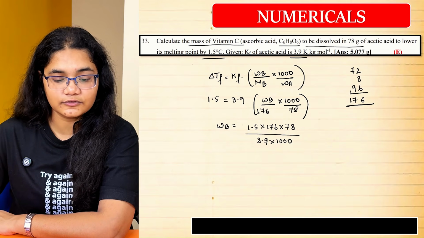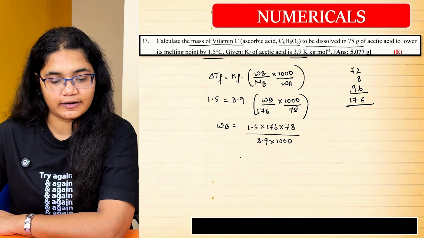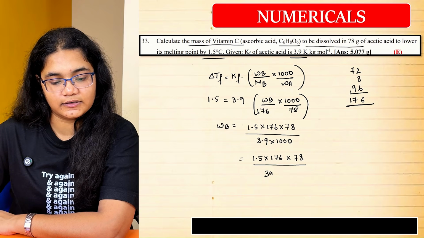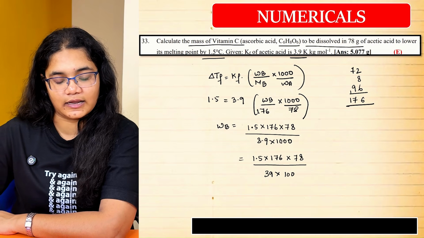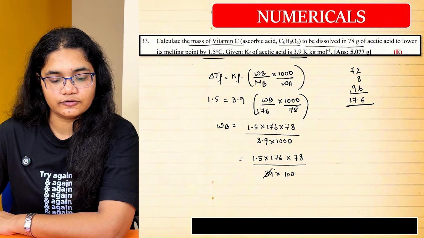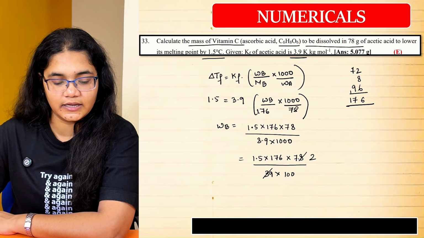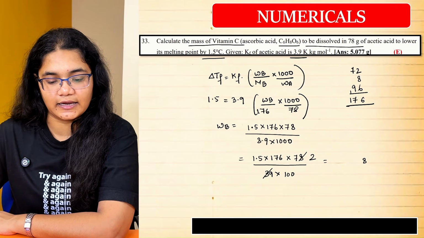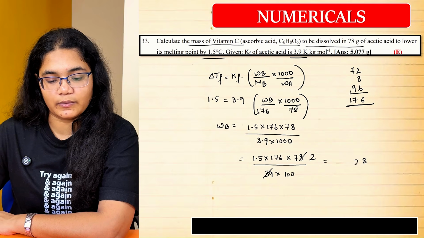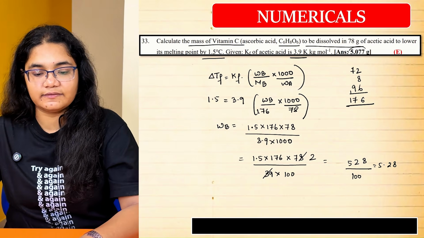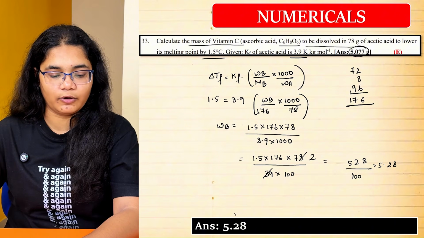Now this one I can write like this: 1.5 into 176 into 78 divided by 39 into 100. 39 ones are 39, 39 twos are 78, then 1.5 into 2 is 3. So 176 into 3: 3 6s are 18, 3 7s are 21 plus 1, 22, 3 ones are 3, 4, 5, divided by 100, that is somewhere around 5.28. Okay, the answer here is given slightly wrong, 5.07. It will be 5.28.